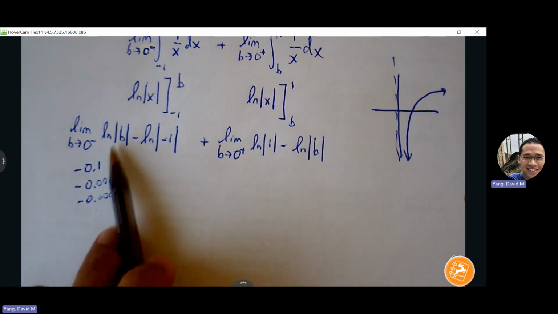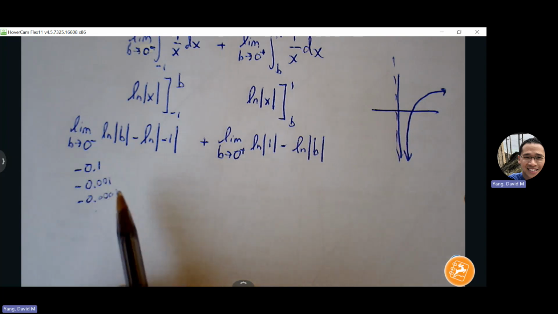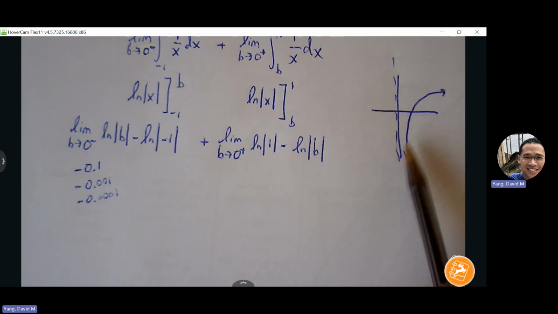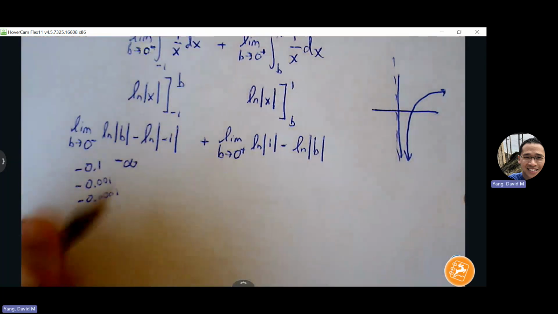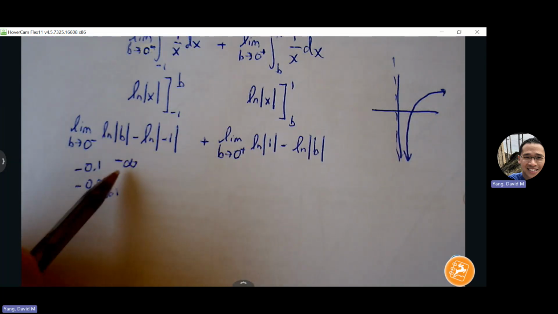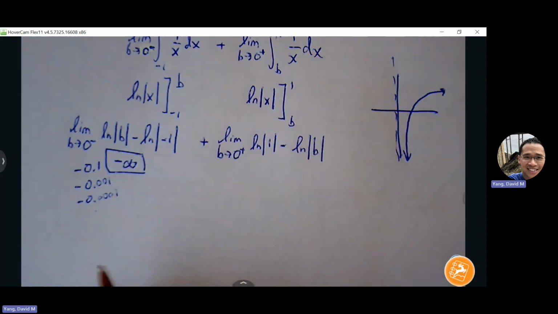Yeah, they become positive, so I'm going to treat these like 0.1, 0.001, 0.0001. Getting closer towards 0, what's happening to the y value? It is getting very negative. So this is going to result in negative infinity. This is going to diverge. I'm not going to be able to clean this up, so this is the indication that it diverges.